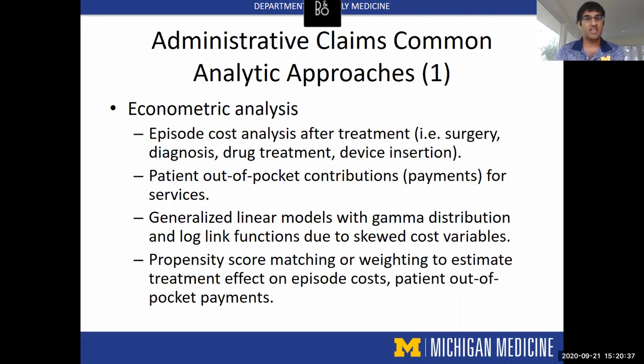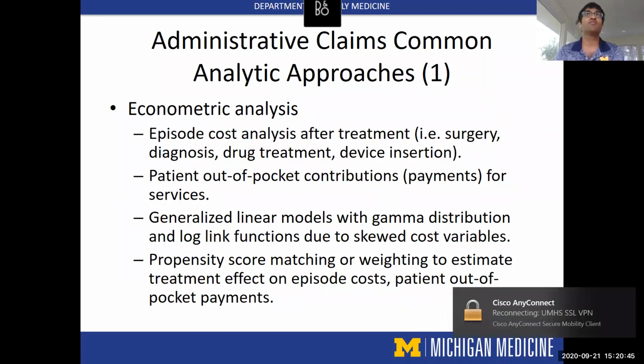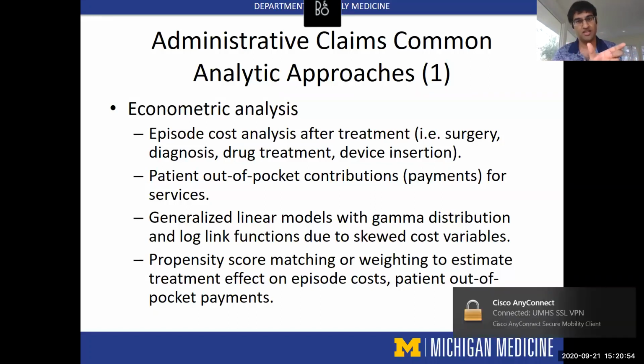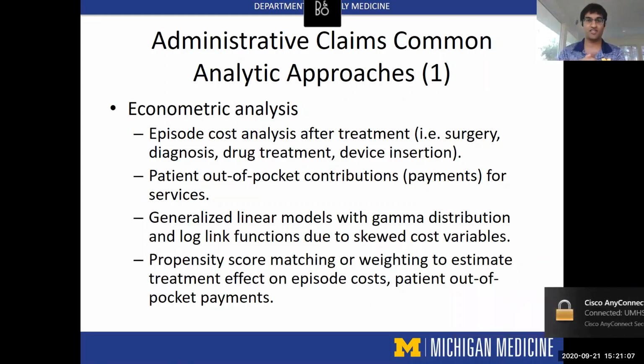For instance, if you have a treatment, such as surgery or a diagnosis or some kind of drug application or a device insertion, and you want to show that episode costs over time are changing as a result of treatment, you're getting a better sense of whether the differences are salient, say stratified by race.